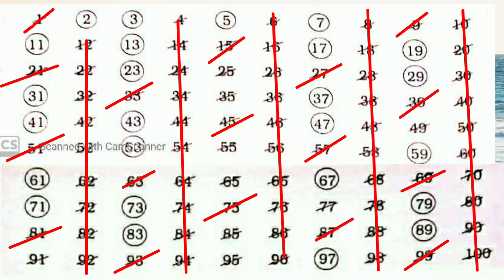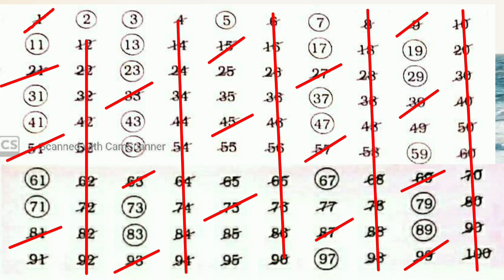Now the next number that you can see is 5, which has 2 factors. So 5 becomes prime, because except 1 into 5 or 5 into 1, we are not having any other number. So 5 is a prime number.